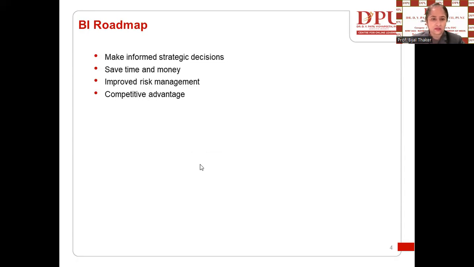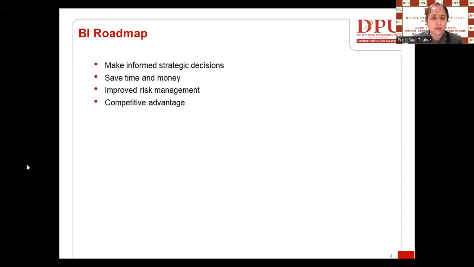Now next, learners, the BI roadmap, where we are discussing a framework to make use of your BI system. What all things do you have to consider when you wish to create a roadmap, when you are creating a strategy for your business intelligence?